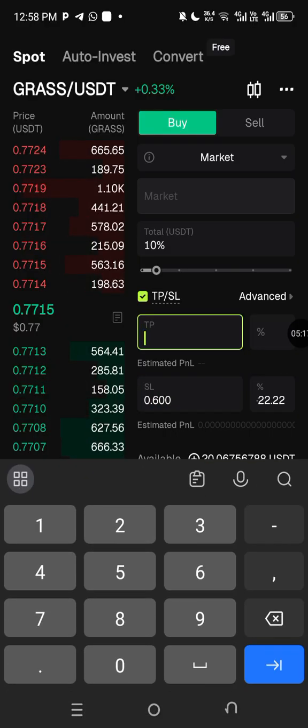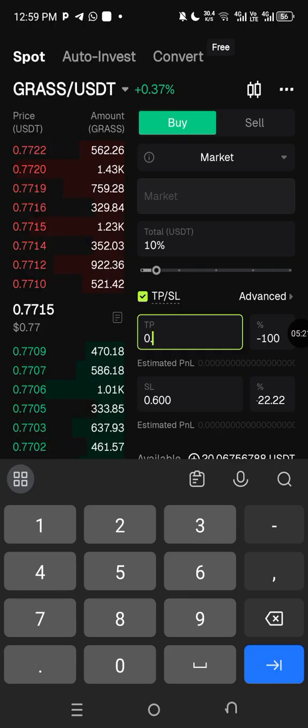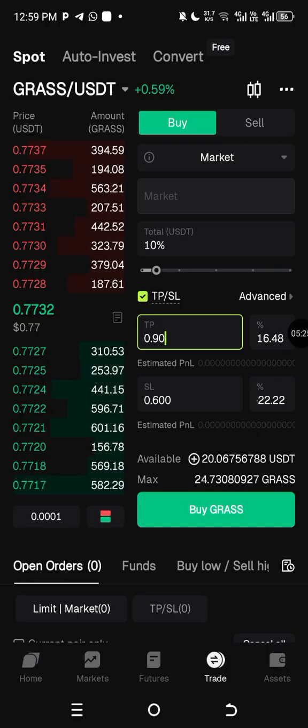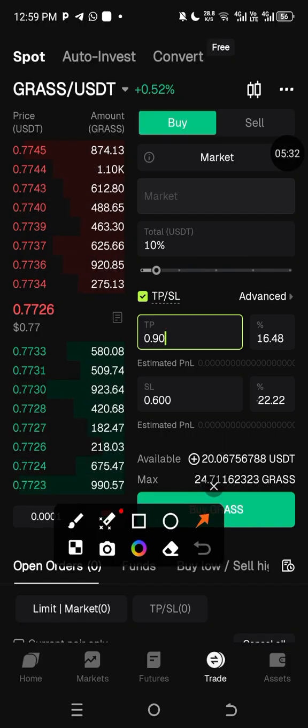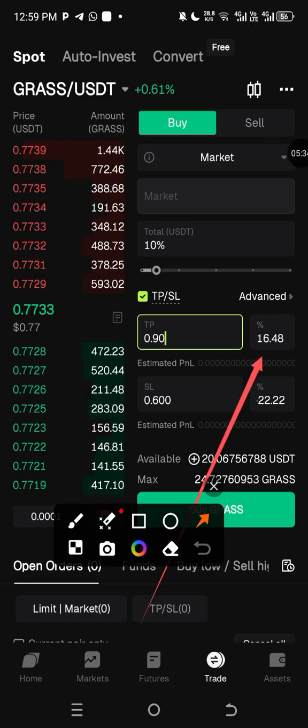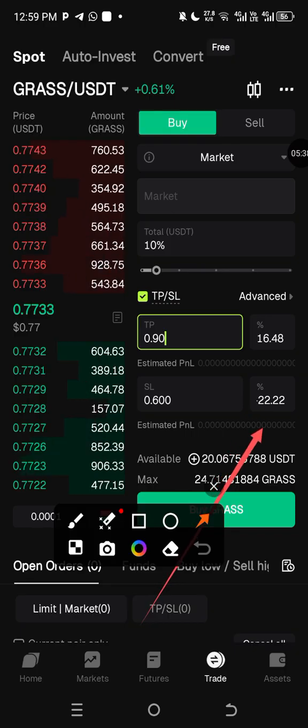But I'm anticipating that price will go up, so I'm just going to put 0.90. Okay, you can see here now my estimated percentage profit is 16.48 and my loss is 22.22.